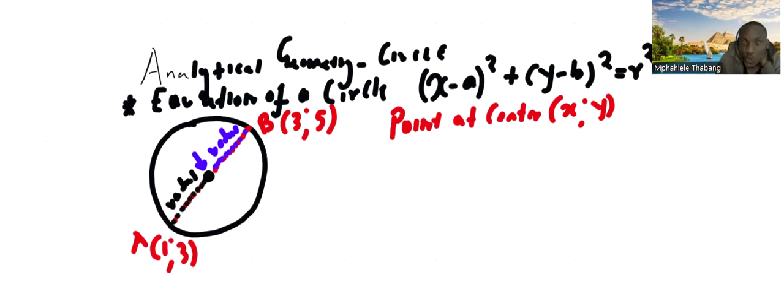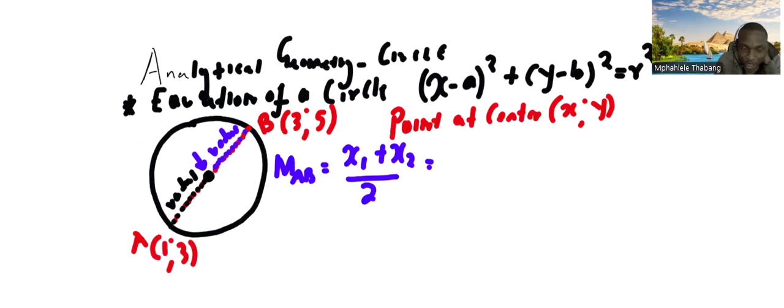So how do we find the midpoint? We say x1 plus x2 divided by 2. We are looking for the midpoint of AB. Let me take my x at A to be 1, and my x at B, which is x2, is 3, divided by 2. 1 plus 3 is 4, and 4 divided by 2 is 2.